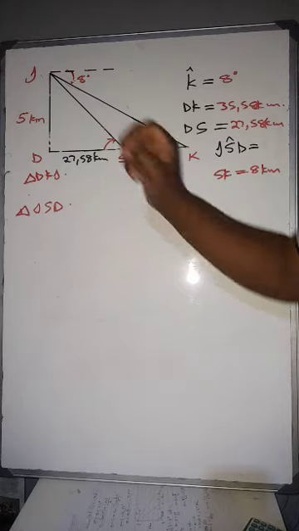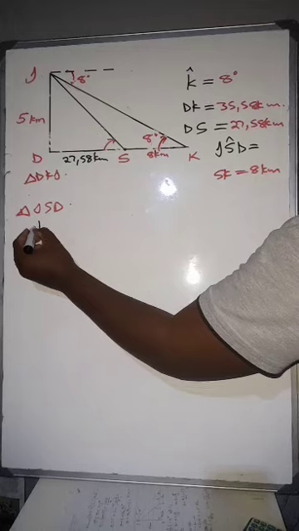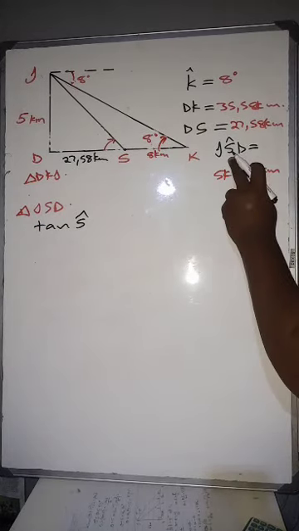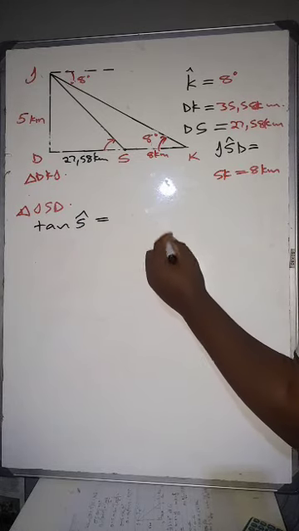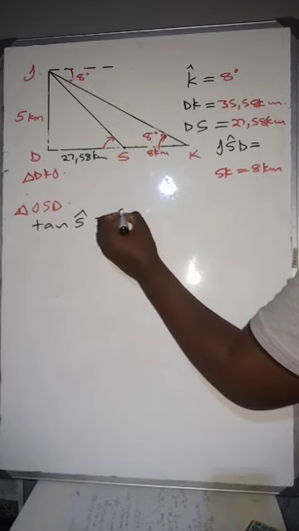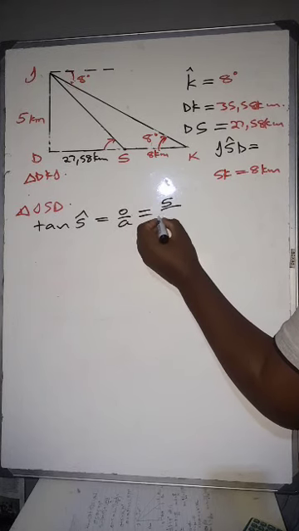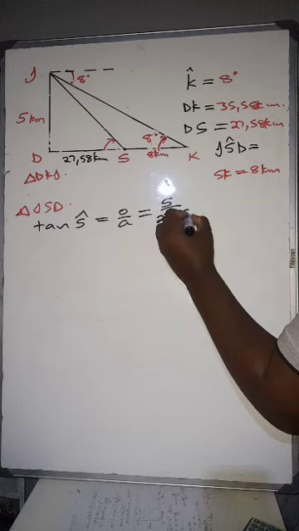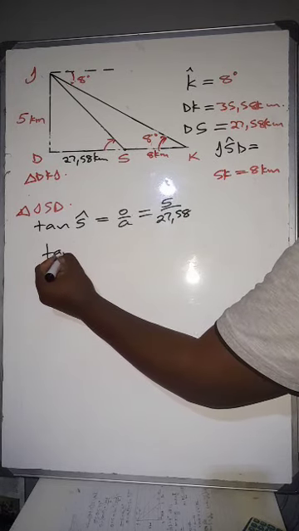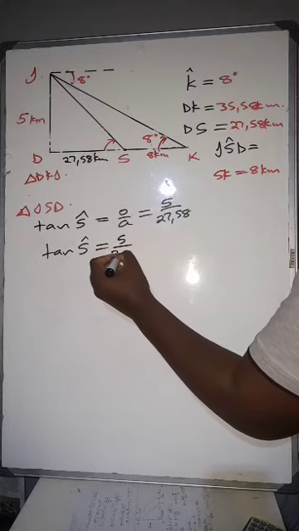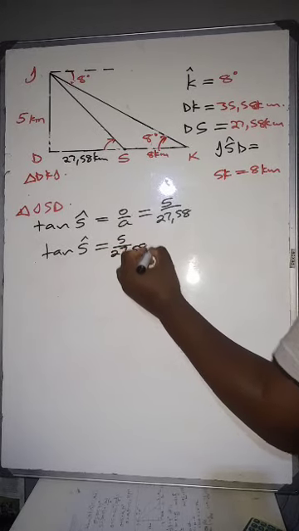So in that triangle, we can see that we've got adjacent, we have opposite. So we use tan also. So this is going to be tan S, let me just say angle S here, is equal to opposite over adjacent, which is equal to 5 over 27,58. So our tan S is equal to 5 over 27,58.